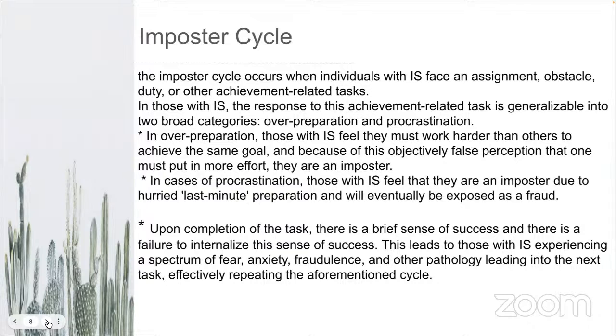In over-preparation, those with imposter syndrome feel that they must work harder than others to achieve the same goal. And because of this objectively false perception that one must put in more effort, they feel they are an imposter.